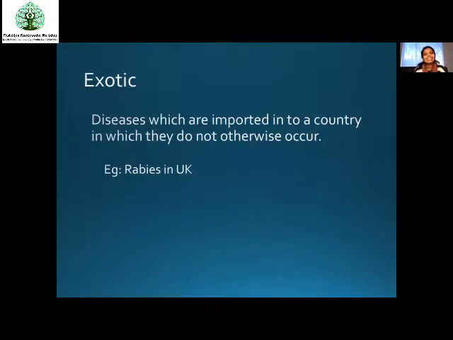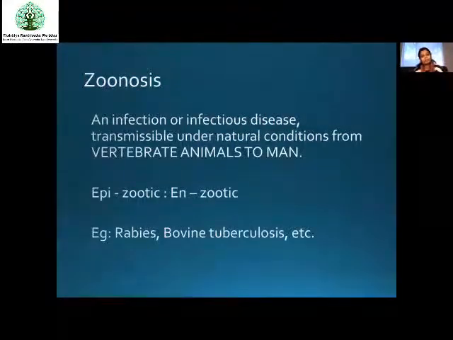Now, zoonosis. What do you mean by zoonosis? An infection or infectious disease which is transmissible under normal conditions from vertebrate animals to man. It is not always man-to-man diseases. Sometimes it crosses over between animals and man in either direction. For example, rabies is a disease which comes from animals to man.